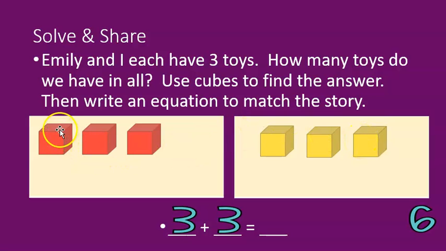Let's count with Mr. Begay. 1, 2, 3, 4, 5, 6. So our answer is 6. So all together we have 6 toys. 3 that Emily has and 3 that I has. So 3 plus 3 equals 6.